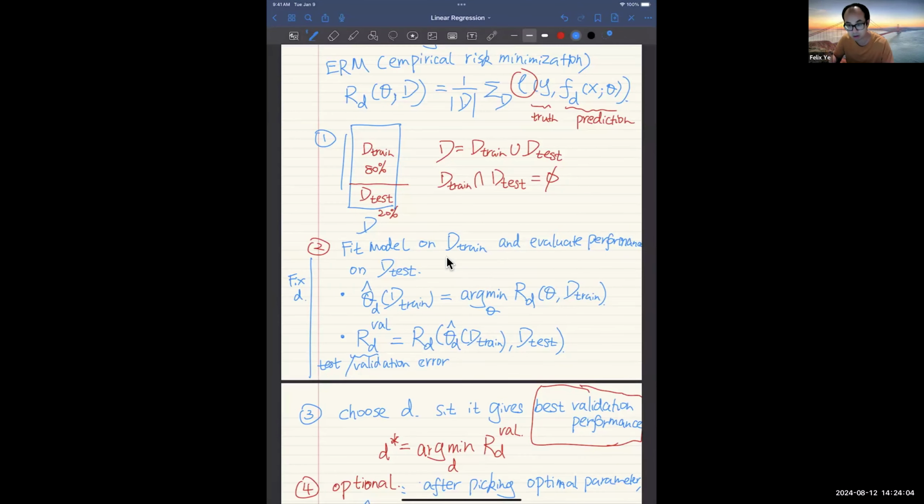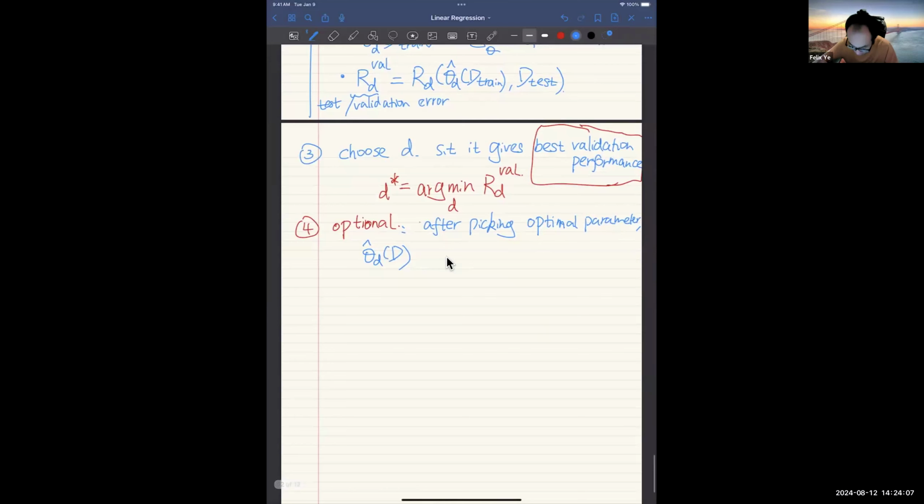Since we have settled on D star, we refit to find, if we fix D equal to D star, what the optimal theta hat will be. Since we have more data here, my theta hat will be more accurate in these cases. Okay, so this is how we actually do that.